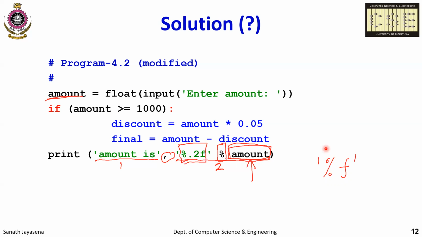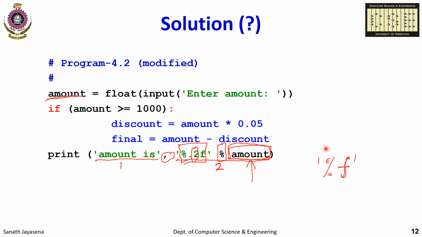But if you just say f only, you can try it out. You can remove this dot 2, with and without. You will realize that without the dot 2, f will display the default, the standard way. It's displayed with about 6 or 8 decimal points, some 6 or 7 digits after the decimal point, which is actually not what we want.